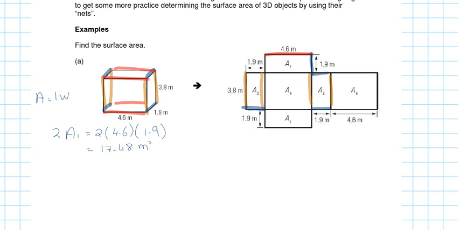So that's going to be 2 times A2, which is 2 times 3.8 times 1.9, and that's going to be 14.44.